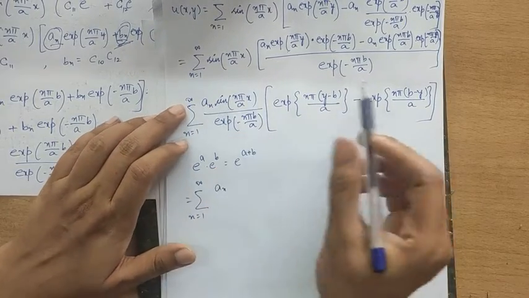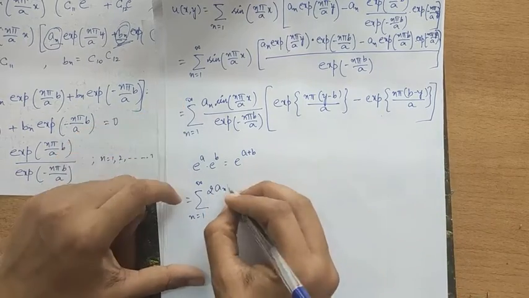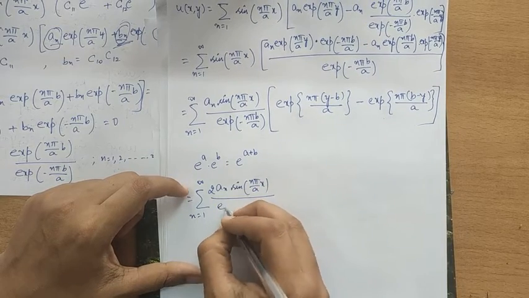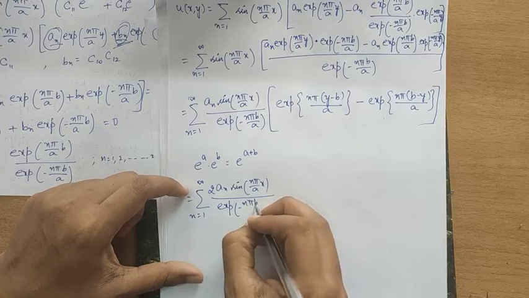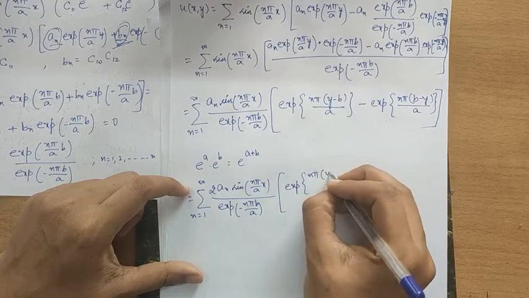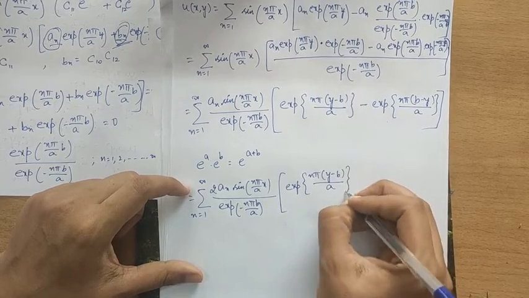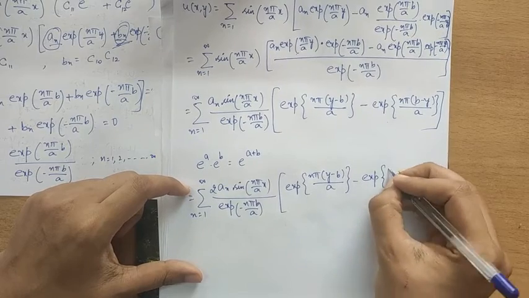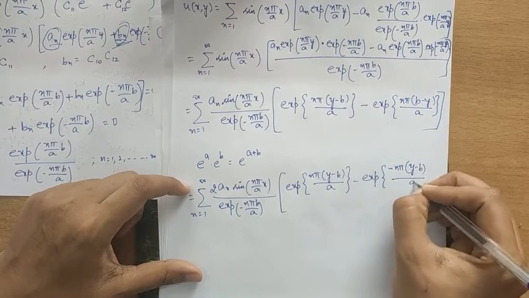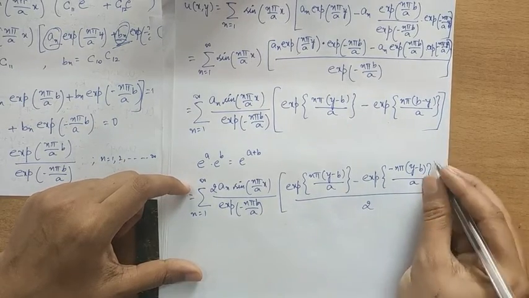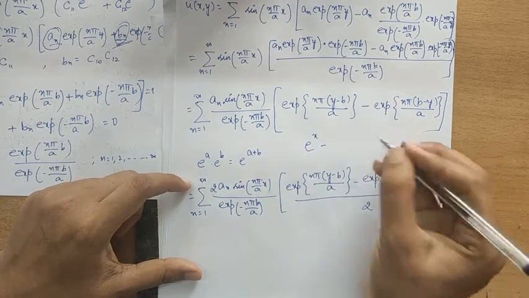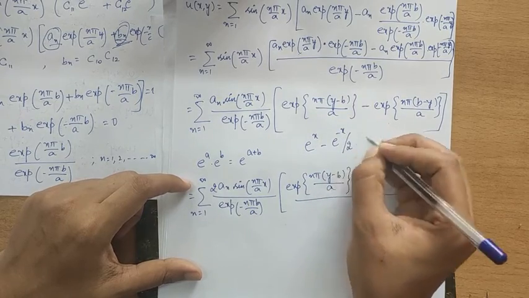Now you can multiply and divide by 2 here, so you will get 2an sin n pi by a into x by exponential of minus n pi b by a into exponential of n pi into y minus b by a minus exponential of, if I take minus outside it will become minus n pi into y minus b by a, whole divided by 2. So this is nothing but e power x minus e power minus x by 2.